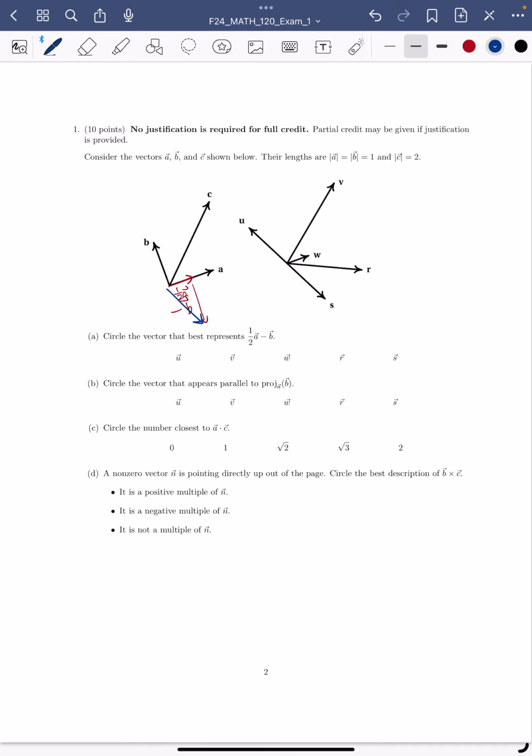This is your vector. And as the picture shows, it's probably this vector, S. So the answer is S.